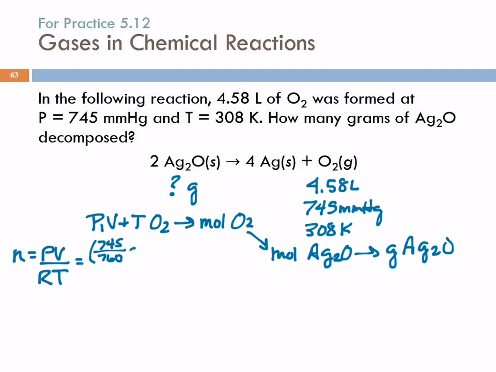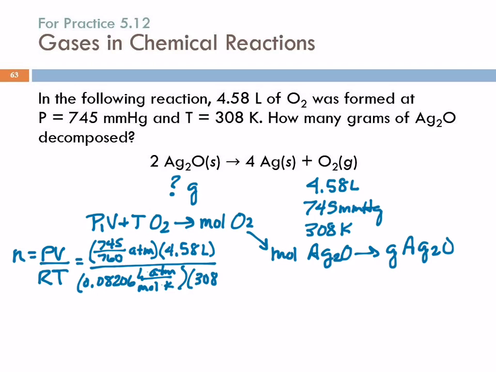And when I do that, I end up with units of atmospheres. And then I need the volume. The volume is given in liters this time, so 4.58 liters. And then down here I've got our old friend, R. And the temperature is given in Kelvin, so that's all very nice.